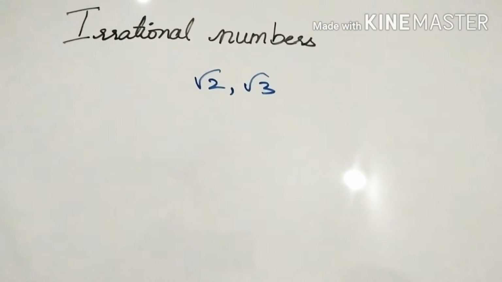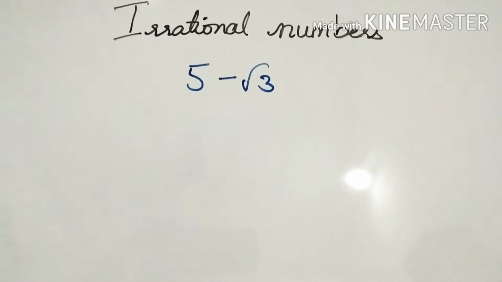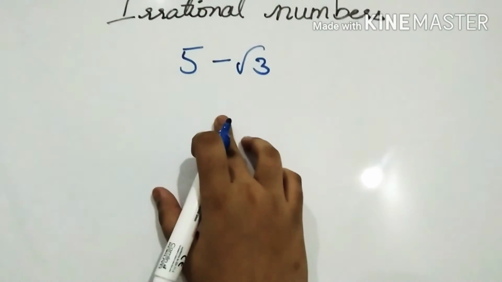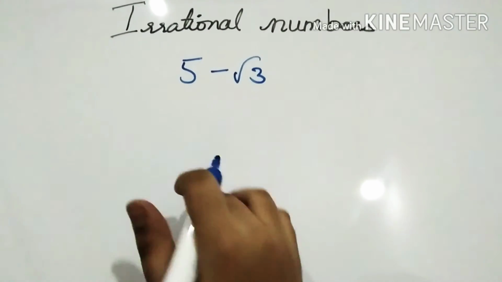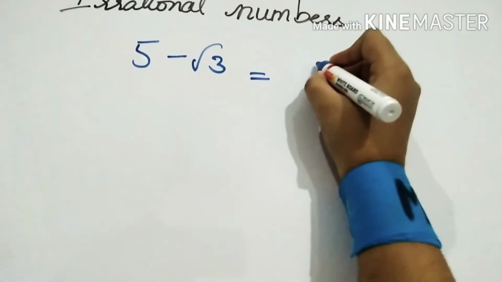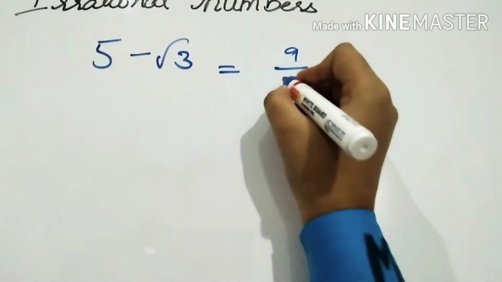So let's start. Here I have an example, 5 minus root 3. We have to prove that it is an irrational number. So let us assume that it is a rational number first.